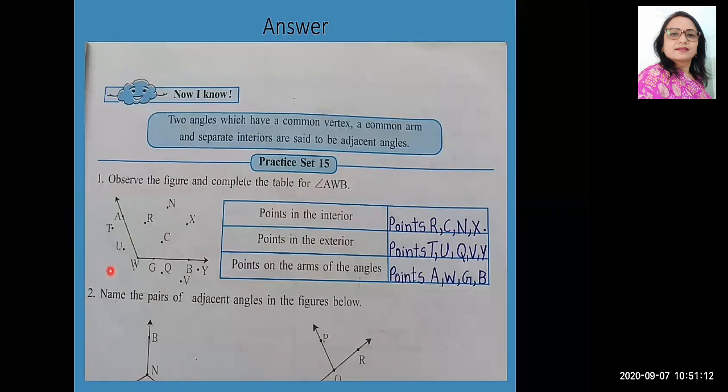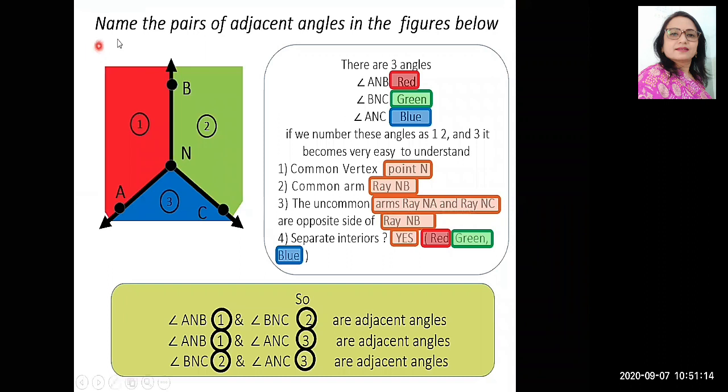Done? Okay. Now, the second question is, name the pairs of adjacent angles in the figure below. Now, we all know that two angles are adjacent when they have a common vertex, a common arm, and separate interiors. And we have seen the conditions also. So, let's see here.